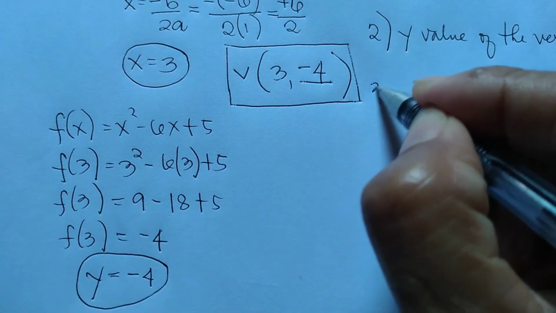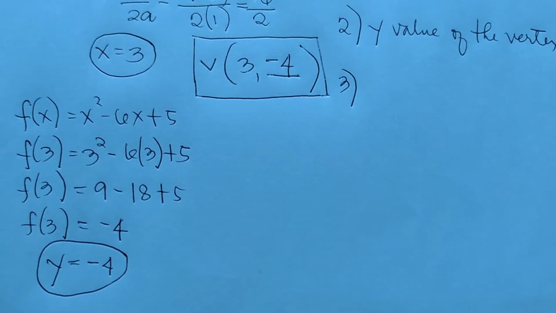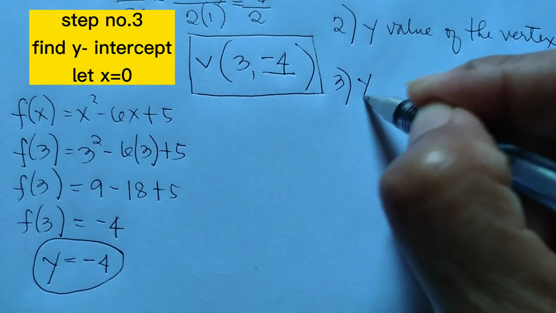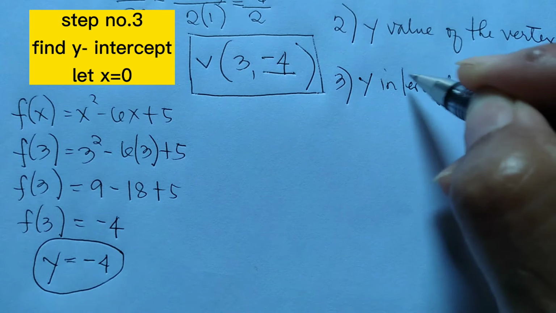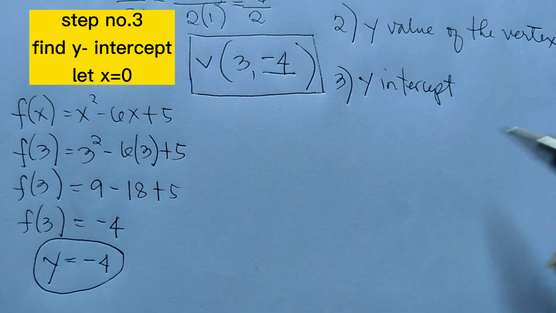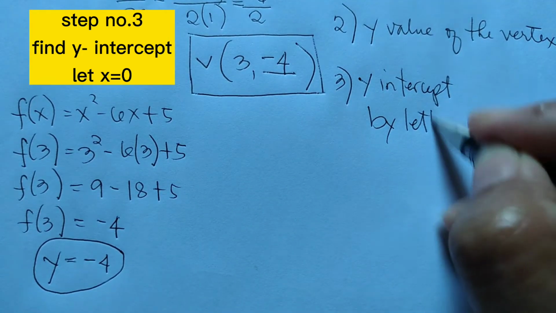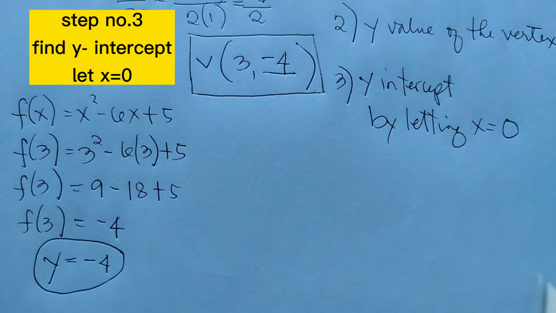The third step is you are going to find the y-intercept. Find the y-intercept by letting x be equal to 0.